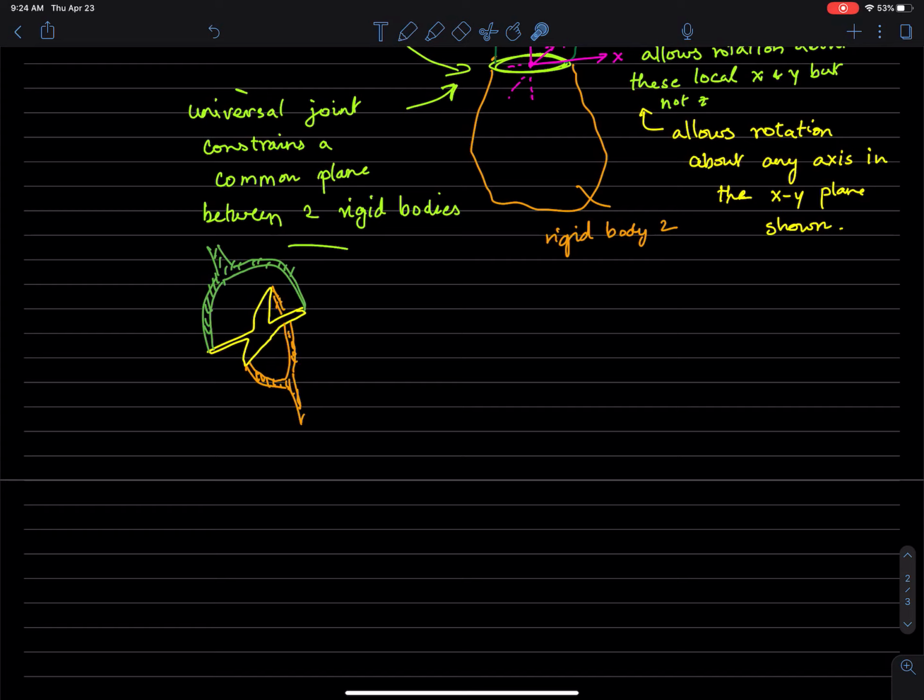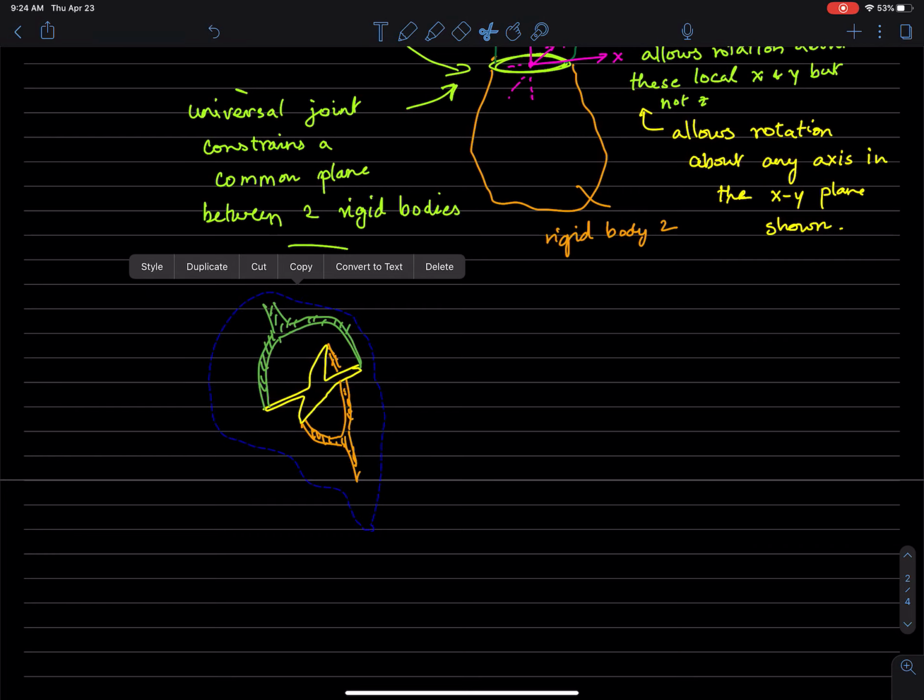I'll let you look up online pictures of this object. But this is an implementation of a universal joint where you have a plus-shaped object like this, and we have one rigid body like so, another rigid body like so, that are connected through another rigid body, which you can think of as being massless. This green rigid body can rotate about the yellow rigid body about this axis, everything else being fixed.